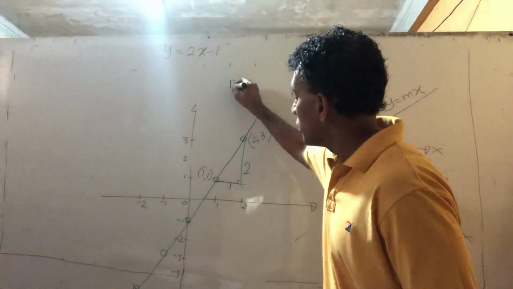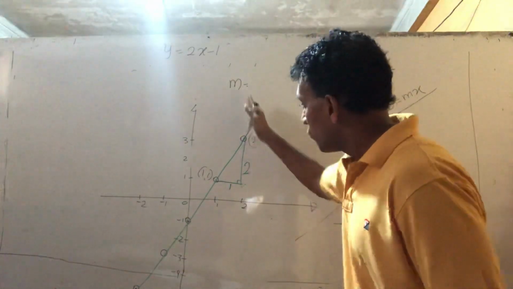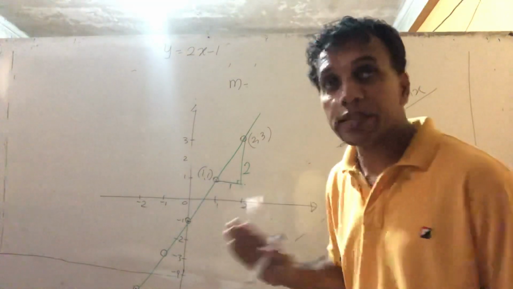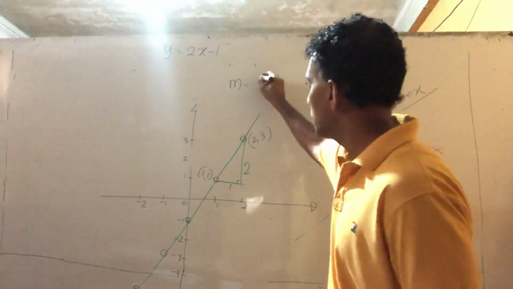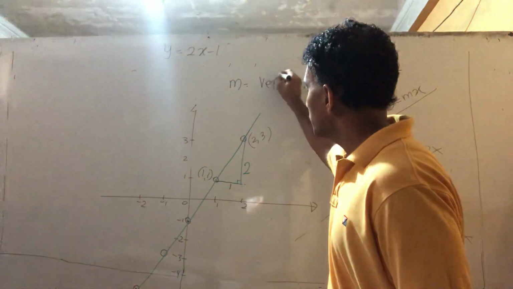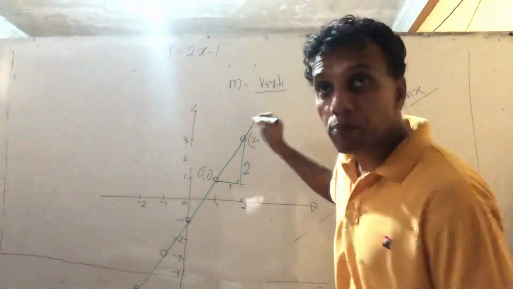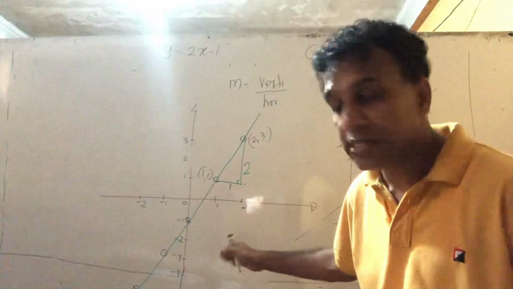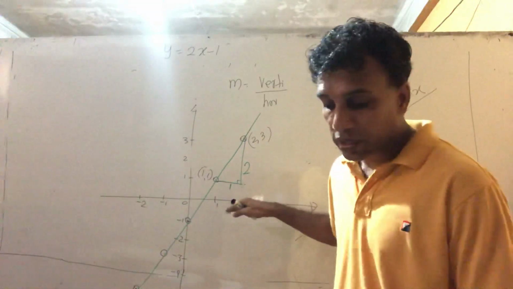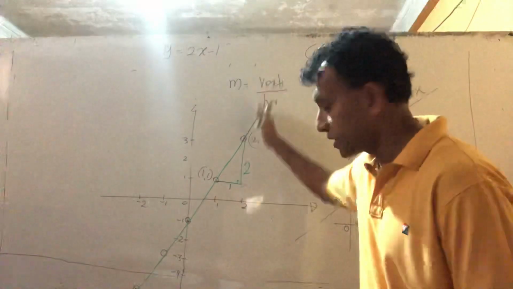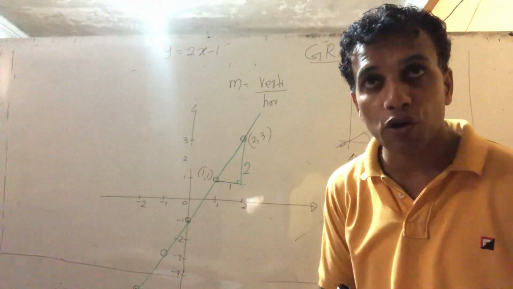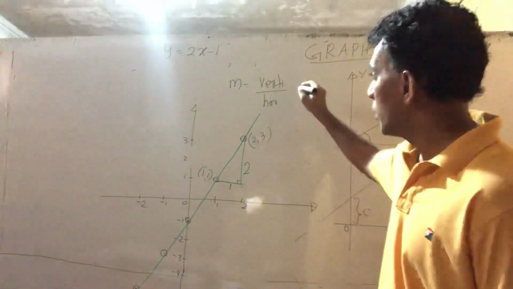M equals vertical height, or vertical distance, divided by the horizontal distance. You can write vertical height divided by the horizontal distance, or vertical distance divided by the horizontal distance.